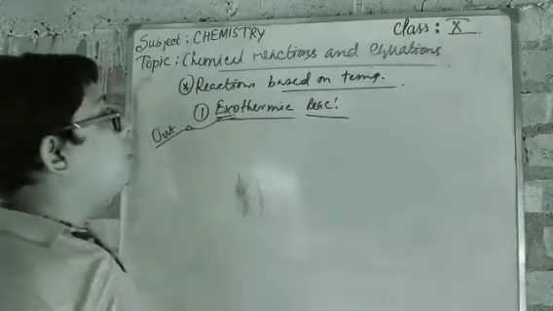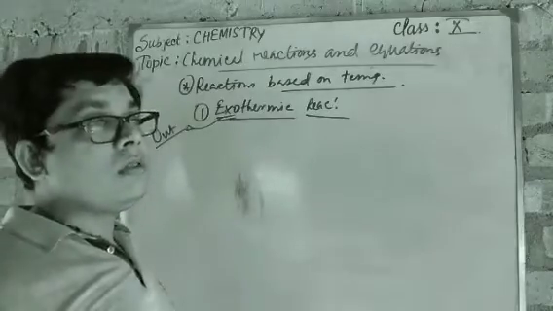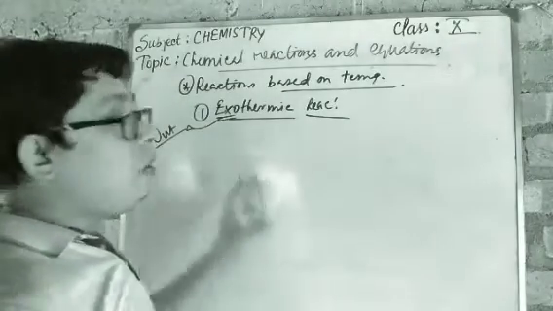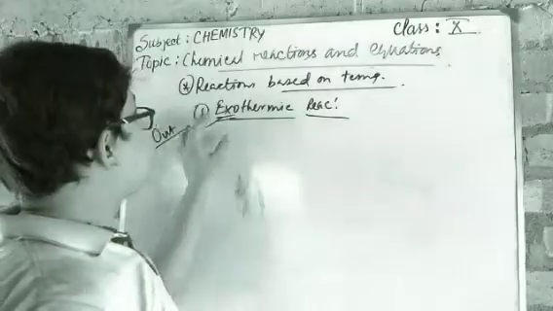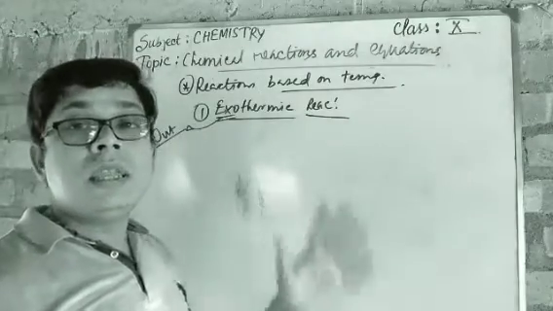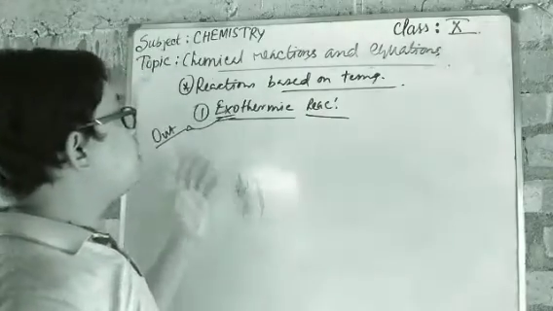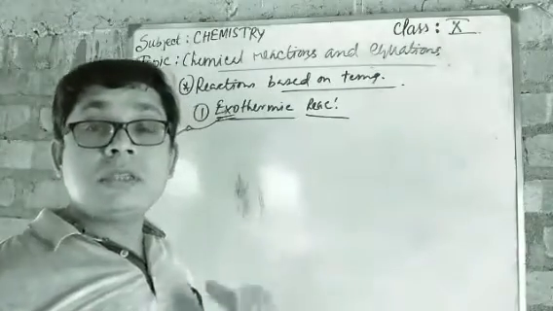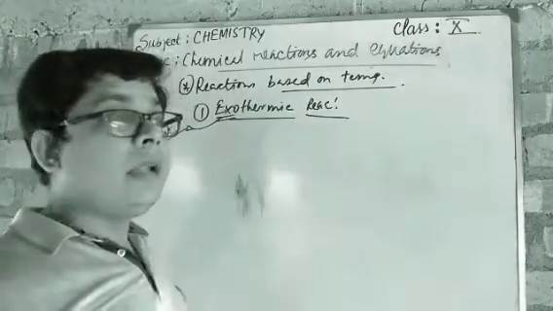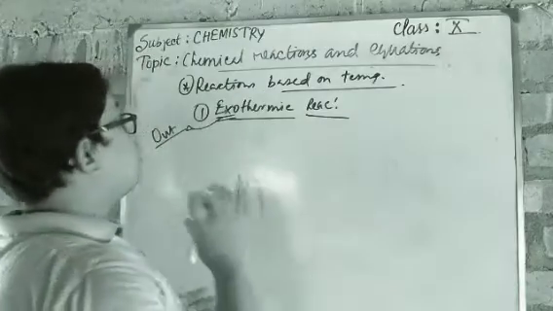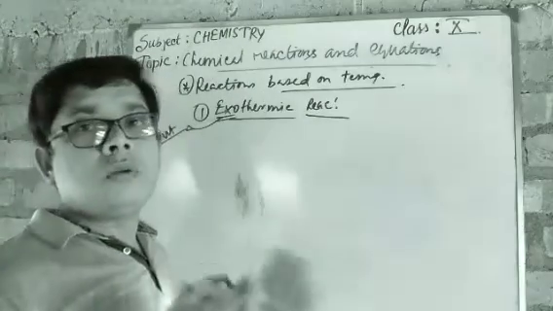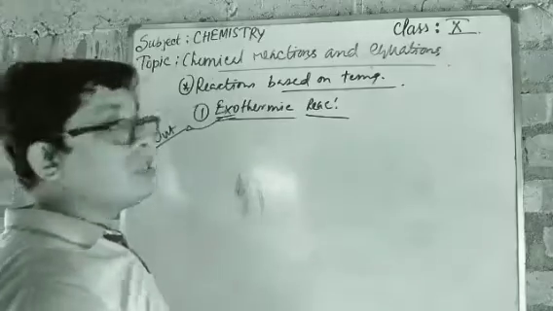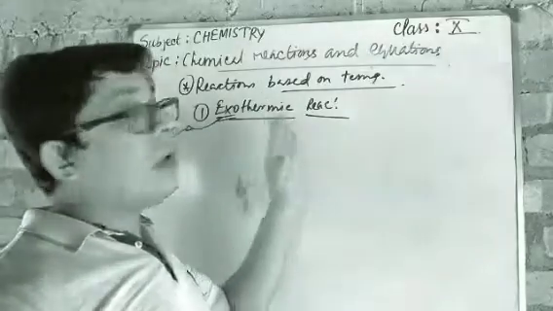It means the reaction through which, along with the product, temperature goes out, temperature is released. So such reactions are called exothermic reactions. It means the product that will come, along with it the temperature will also go out. Got it? Those types of reactions are known as exothermic reactions.